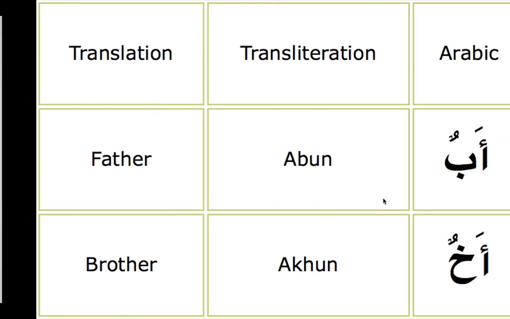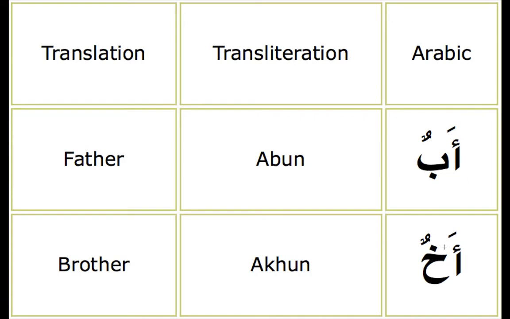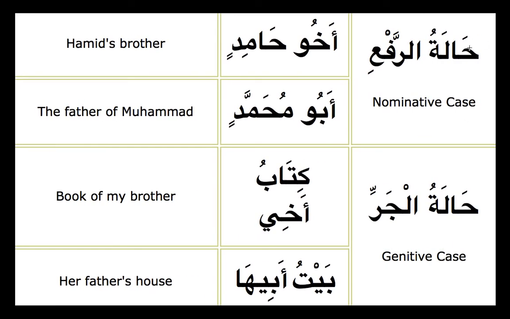Let's do some examples. So abun and akhun. When they are in a state of raf'a, marfu, you say akhu Hamidin, Hamid's brother, mudaf, mudaf ilayhi. When they become mudaf, then you have the sign of waw attached. Abu Muhammadin, Muhammad's father.